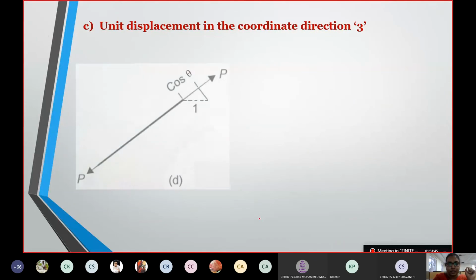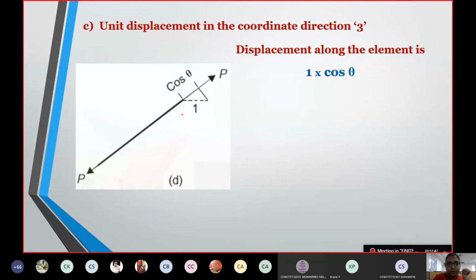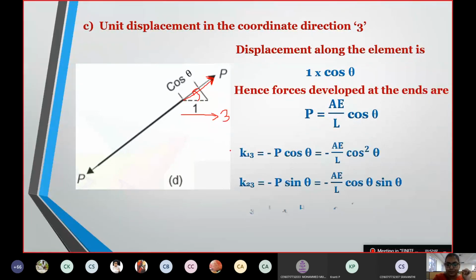In the 4th member, see, here I'm applying the force at coordinate 3. When I'm applying at coordinate 3, this is the unit displacement and I impose it in the direction of the member. The force acting will be in outward direction. That is my expected direction. So that will be positive.